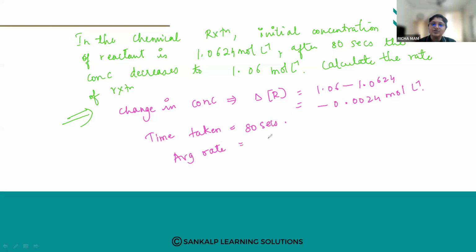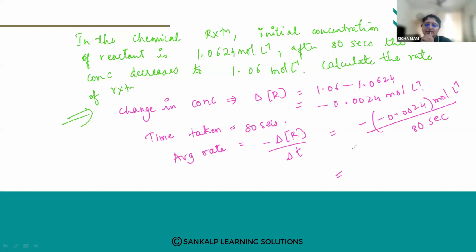The average rate is equal to minus delta R by delta T. Substitute and see what answer you get: minus of minus 0.0024 mole per liter divided by the change of time. See how much the average rate is.